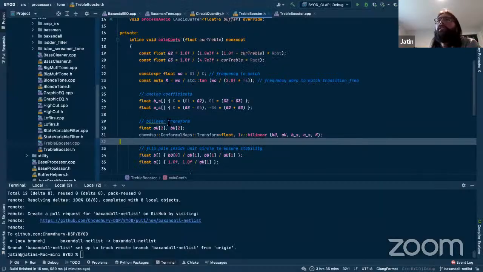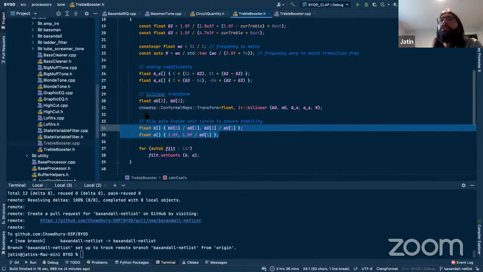What I'm worried about is that we may need to have this pole flipping be conditional. So we might need to figure out where the poles are and then decide if we need to flip them or not. That would be kind of annoying.